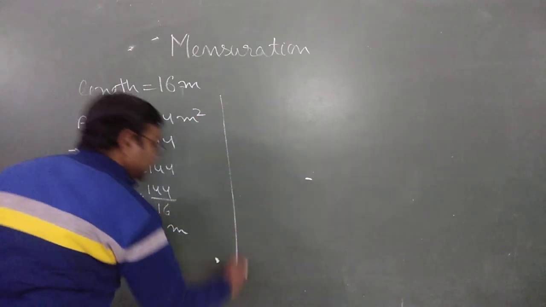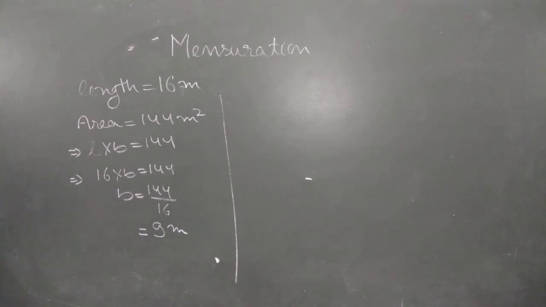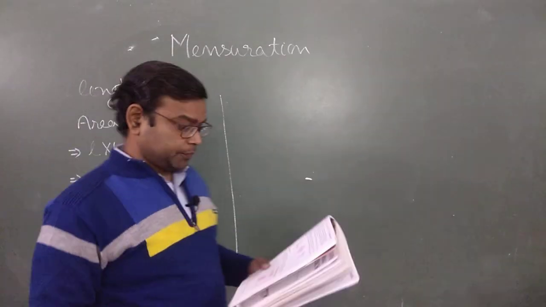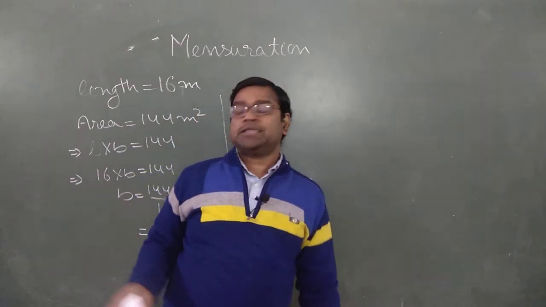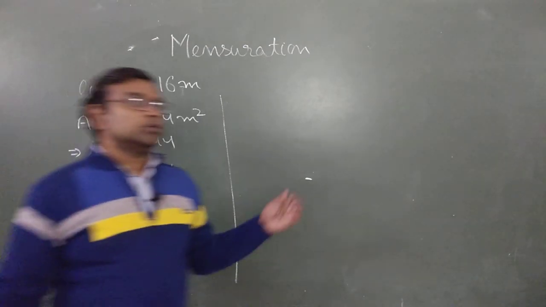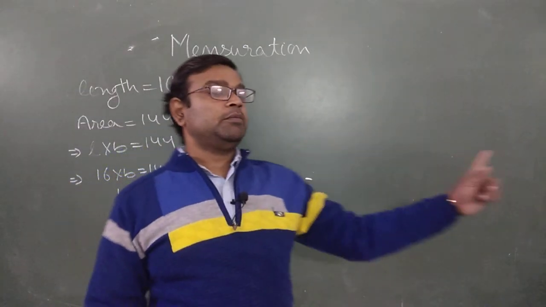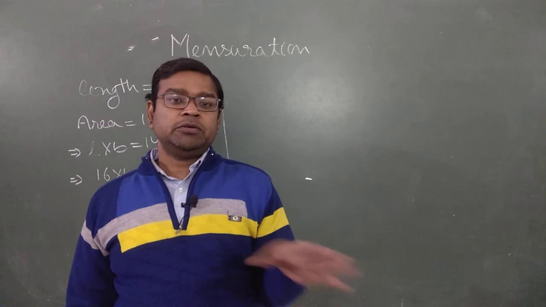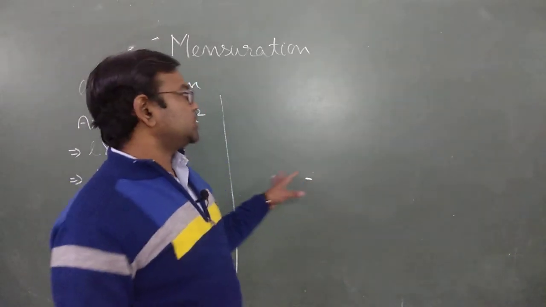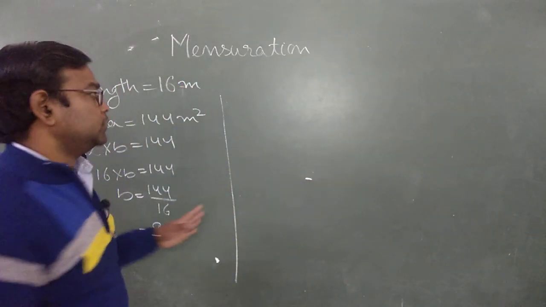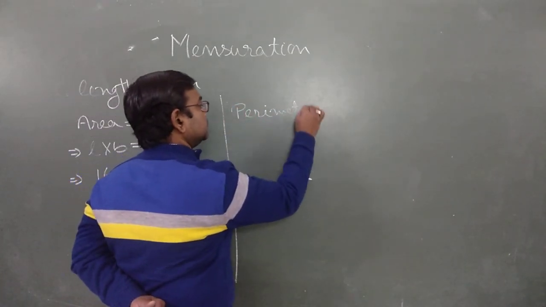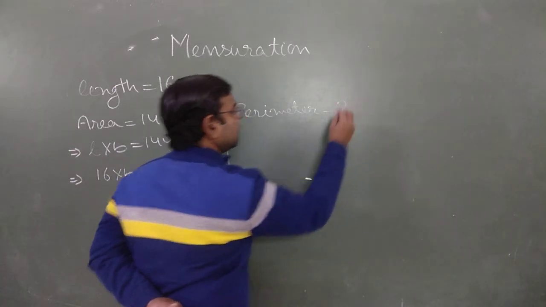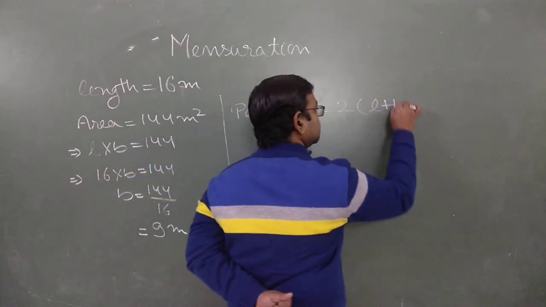Now come to the next part. The question says to find the cost of fencing at the rate of rupees 6 per meter. So what is fencing? Fencing means to cover a boundary one time, either by using wire or anything. Suppose it's a wire, so we need to find out the length. Length means we have to find out the perimeter. Perimeter of a rectangle is 2 into (L plus B).